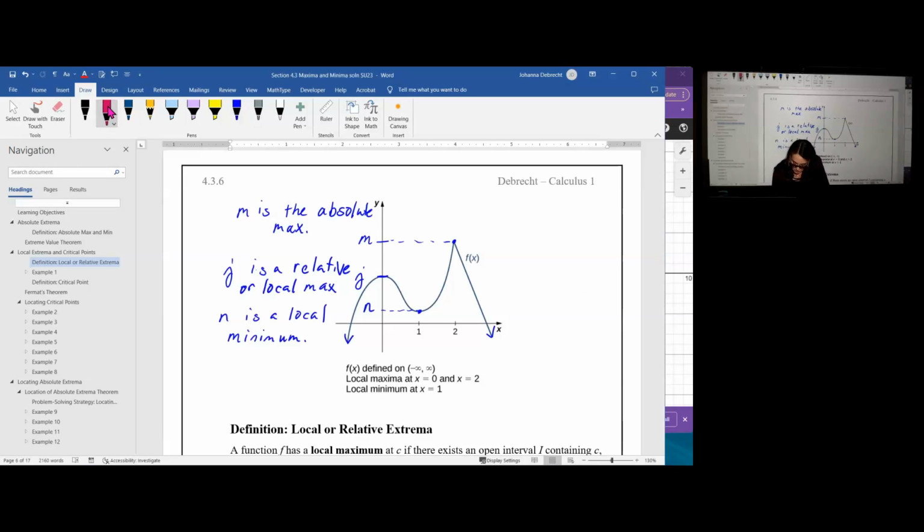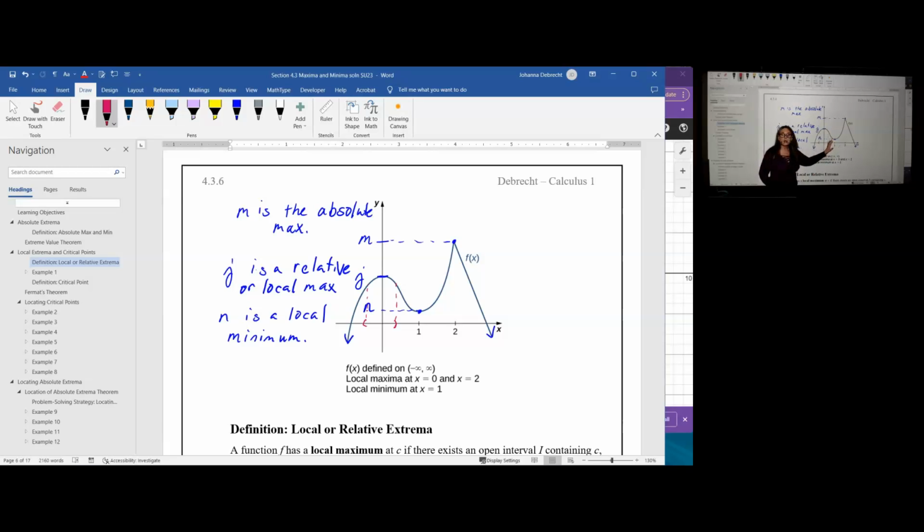On the picture, if we wanted to, we could take a small interval here that corresponds to these points on the graph. And in between that interval, that is the highest value that we have. It's greater than or equal to every other y value between the two red parentheses.